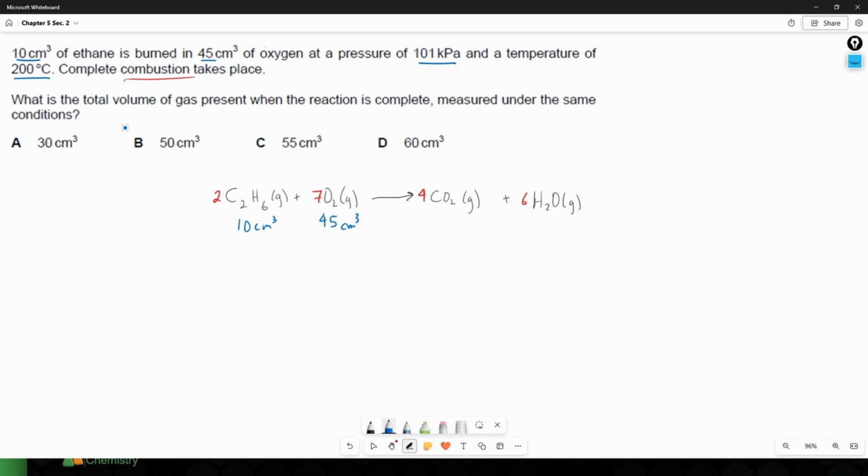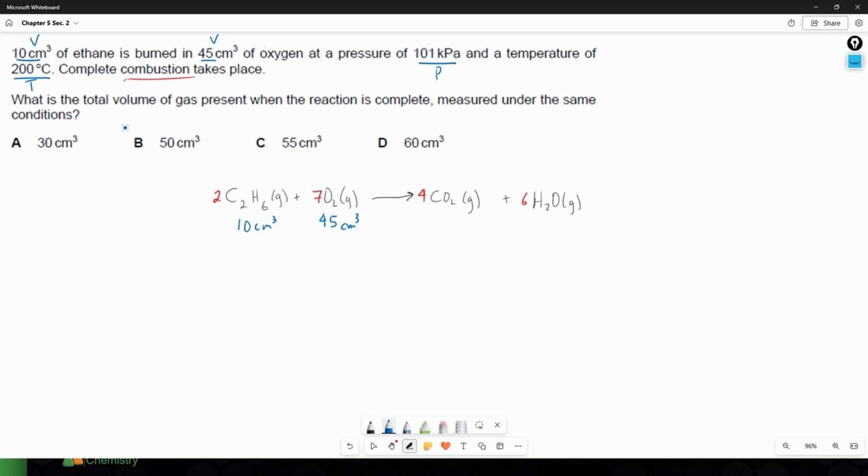The way that most of y'all would go around doing this is to start using these numbers, 101 kilopascals and 200 degrees Celsius, to convert these volumes to moles. Because we have pressure, we have temperature, and here we have volumes. So we could, in theory, use PV equals nRT to convert to moles.